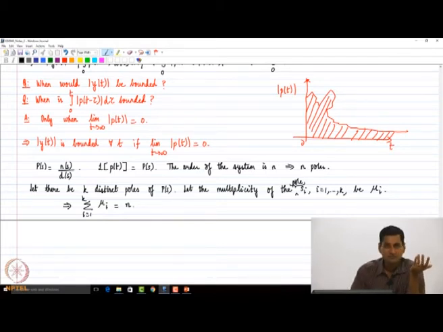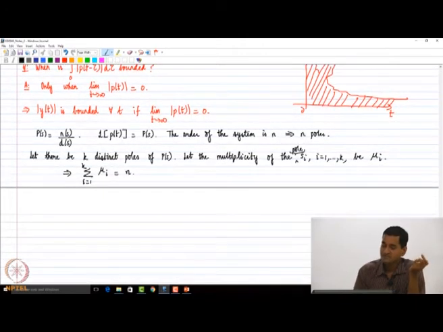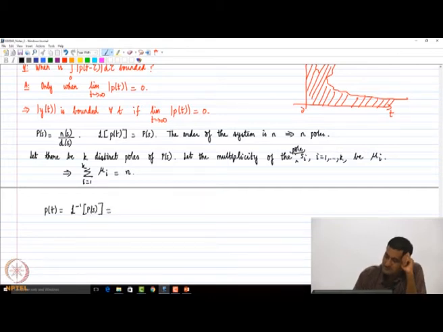Essentially the summation of the multiplicity should be equal to the order of the system, which is the total number of poles. Now immediately we see that p(t), which is the Laplace inverse of P(s), can be written in this particular form.